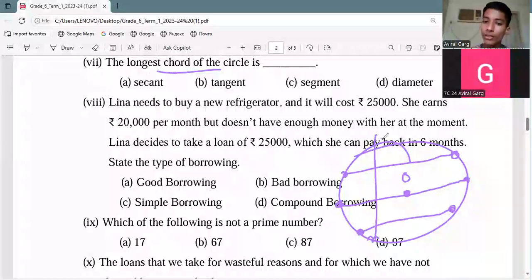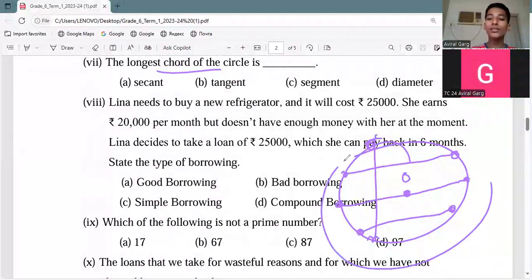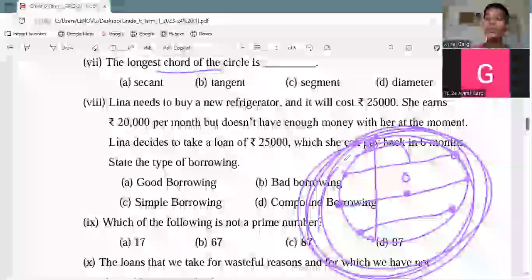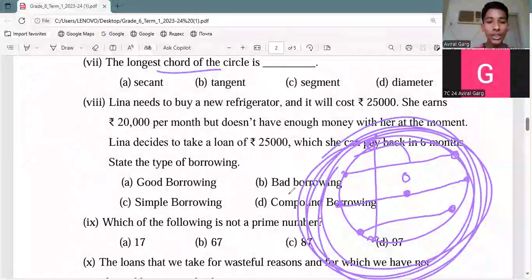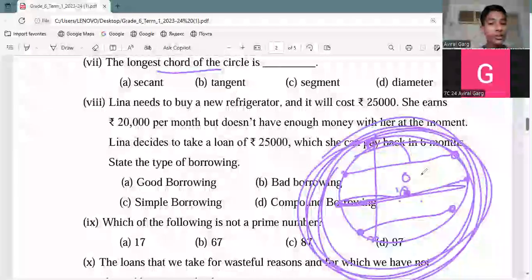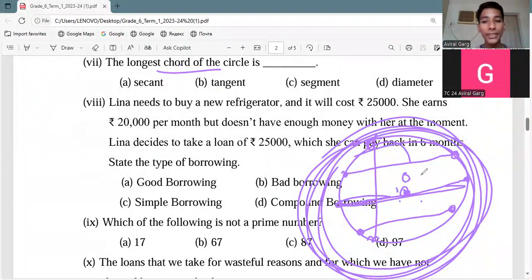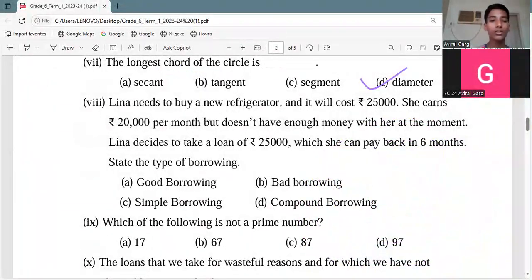If a line touches 2 points on the circumference, circumference means the outer line of the circle, it is a chord. Now the longest chord is this one, which passes through the center. And what is the line that passes through the center and joins 2 points on the circumference called? It is the diameter. Diameter is twice the radius. So option D is the correct one here.